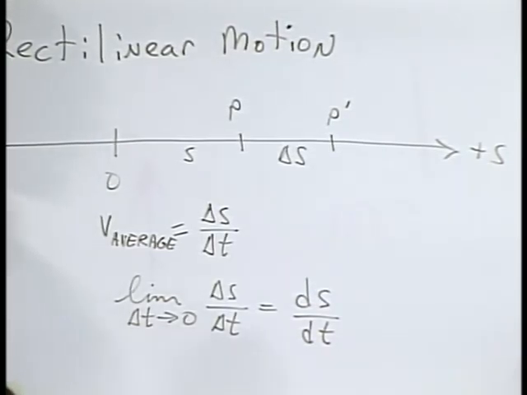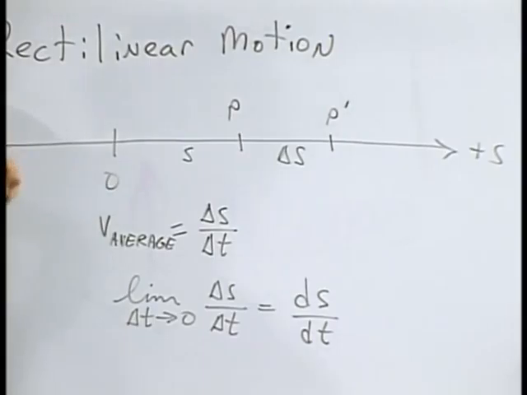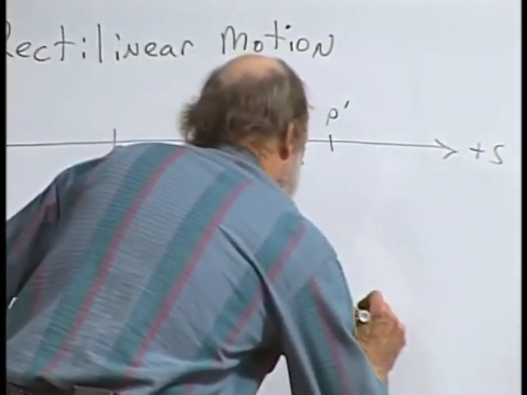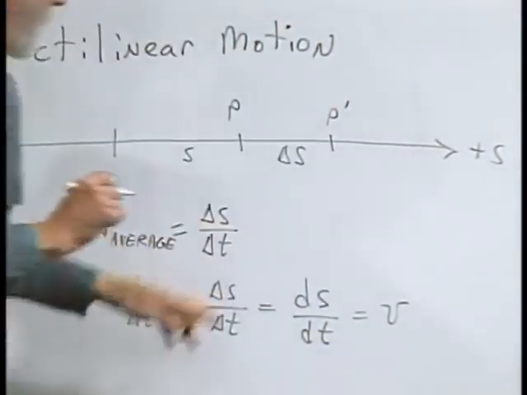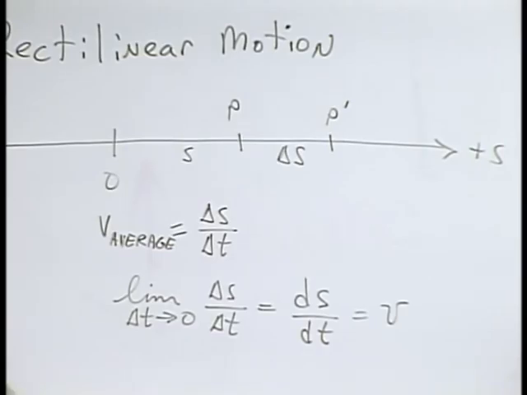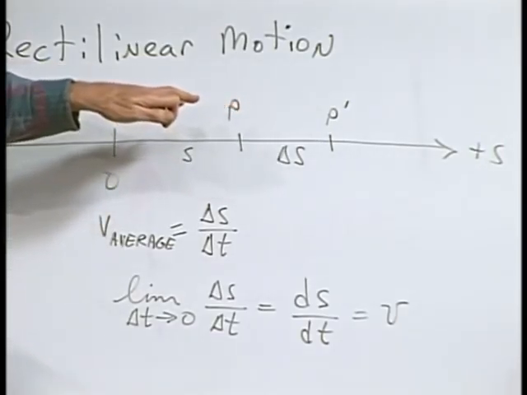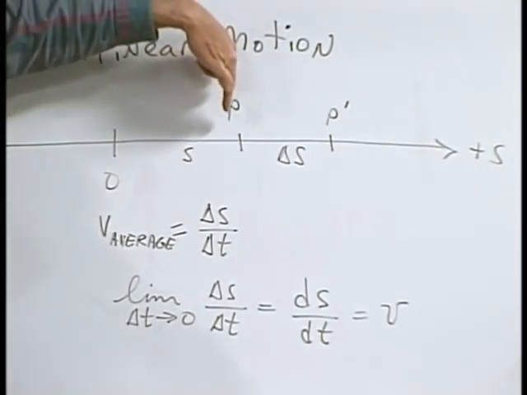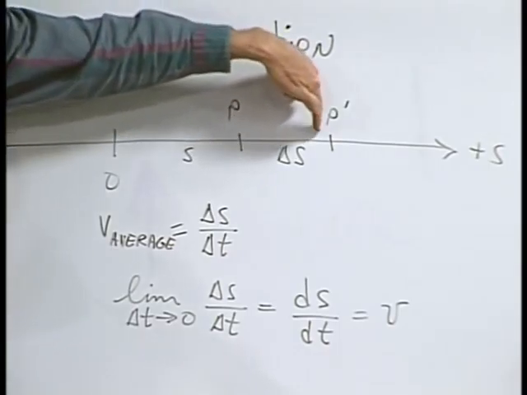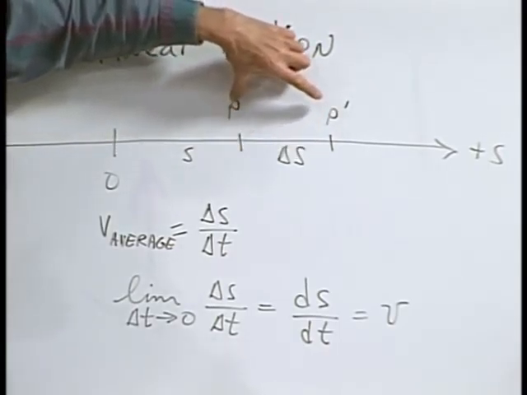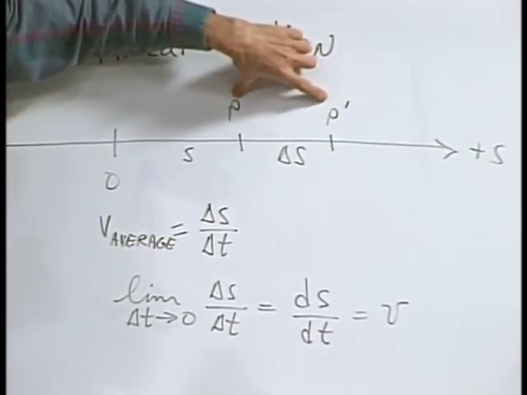Right? So where is the object when it reaches or has this instantaneous velocity? V, we'll call it. Where is the object here? If it's here at P, at distance S, this is the change in position that we've been using, and it took a finite amount of time to move from here to here.